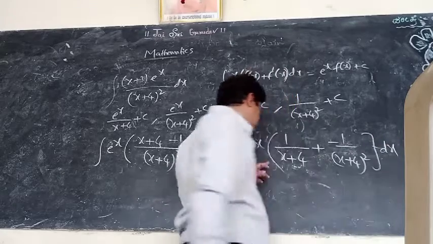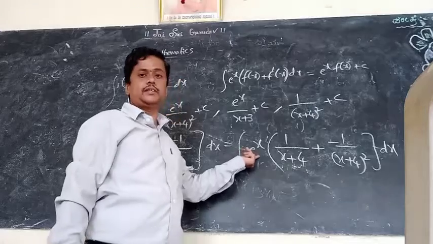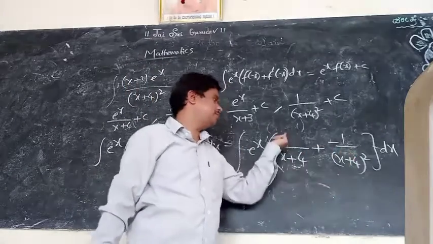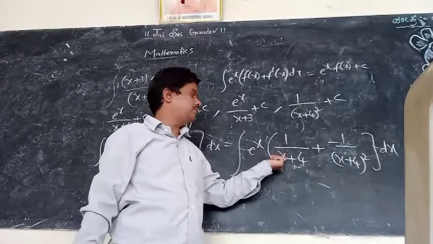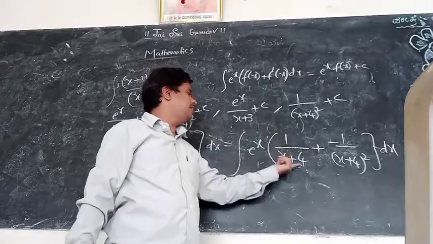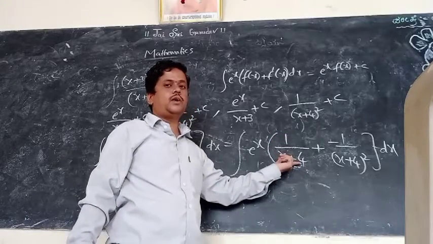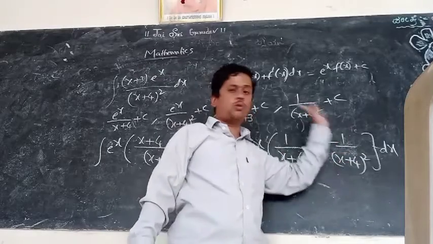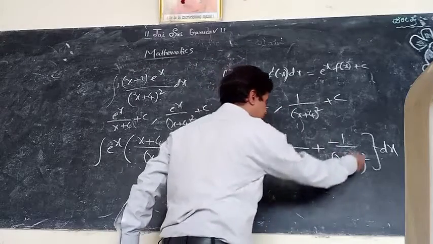If you observe this, e power x into f of x: this is f of x, and this is f dash of x. What is the differentiation of 1 by x plus 4? It is minus 1 by x plus 4 whole square, so f dash of x is indeed that.